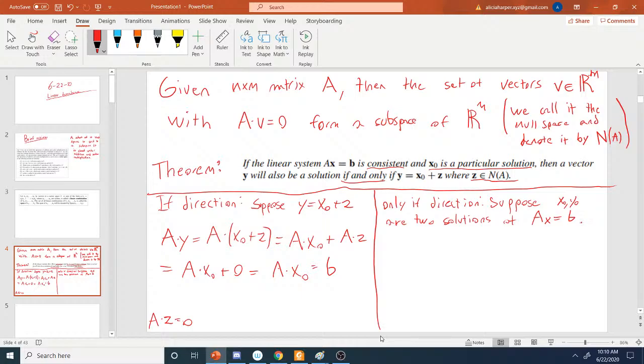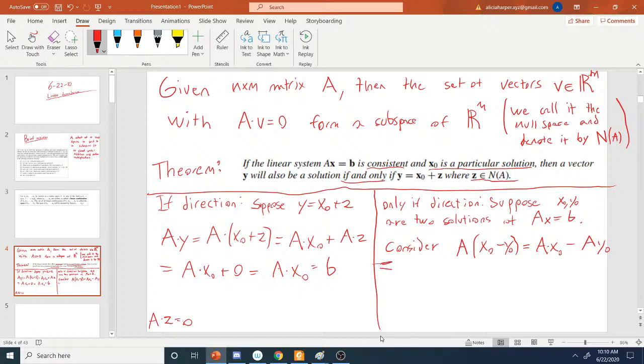Then what we can do is consider A applied to x naught minus y naught. By the linearity of matrix multiplication, this is the same thing as A applied to x naught minus A applied to y naught.